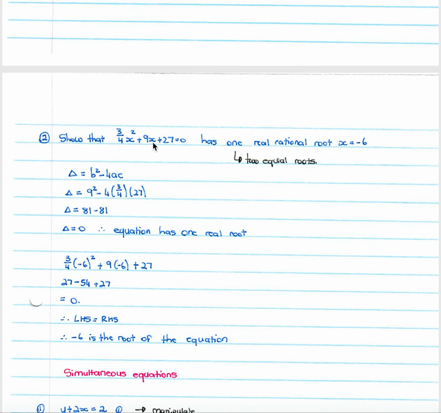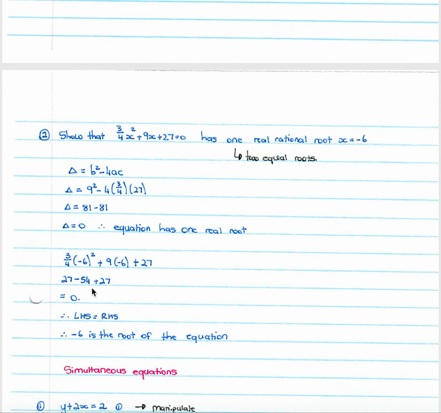Now we're asked to show that this equation has one real rational root of x equals minus 6. So we work out delta. Delta comes out to be 0. Therefore, the equation has one real root. If you were to solve it by subbing in minus 6 into this equation, you would realize that your left-hand side, as seen here, will equal 0, which indicates that it is a root.